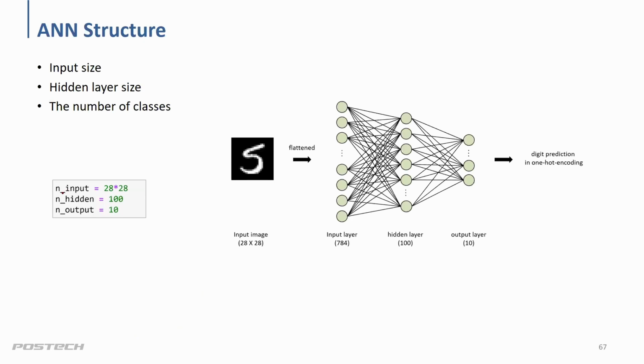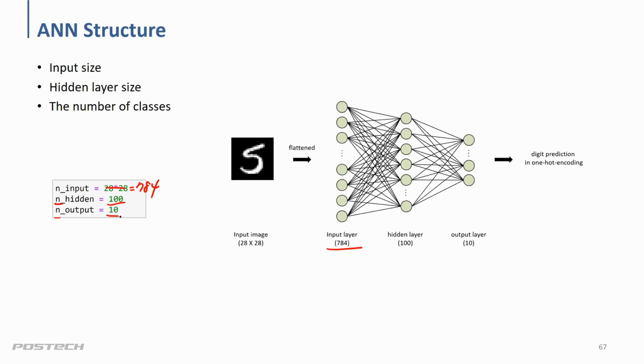So input size, you can just write it, okay? And the number of units in the hidden layers, I'm gonna say 100. It doesn't have to be. You can say 50 or 200. It really doesn't matter.